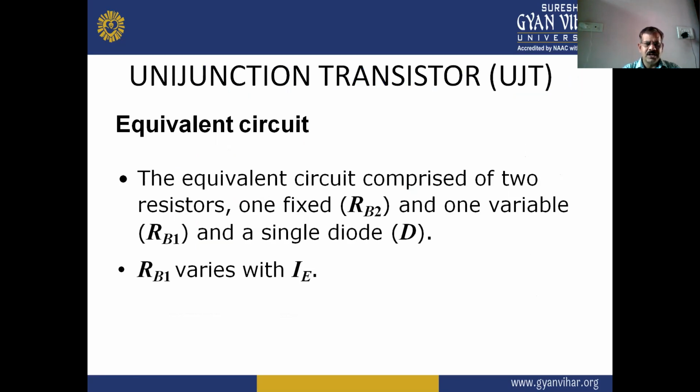The equivalent circuit of the UJT comprises two resistors, one fixed, RB2, and one variable, RB1, and a single diode.